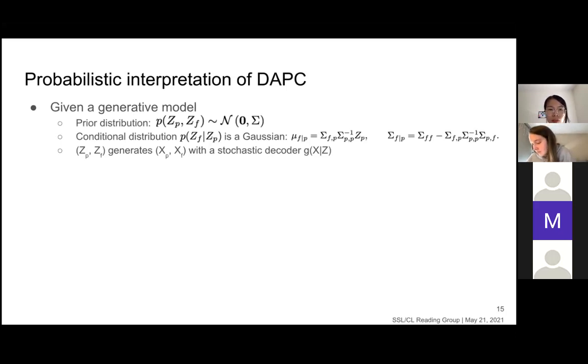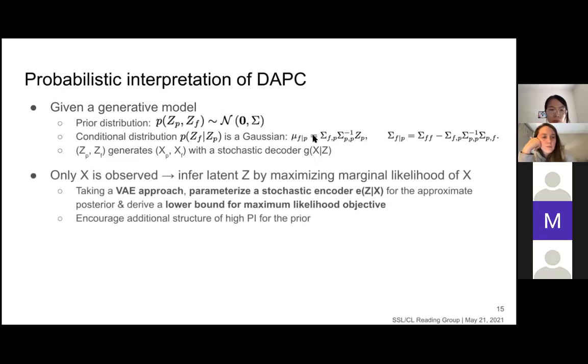Let's say we have a generative model where the prior distribution of G past and G future is Gaussian, and the conditional probability is also Gaussian. In this generative model, basically G past and G future generate X past and X future, the past and future inputs, with a stochastic decoder. So this is the setting of a generative model.